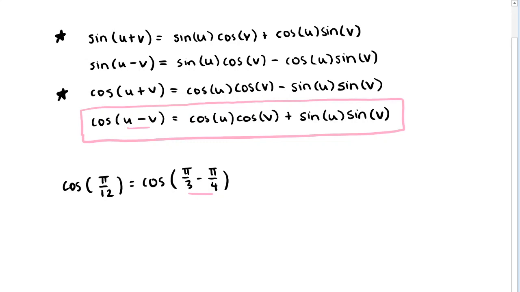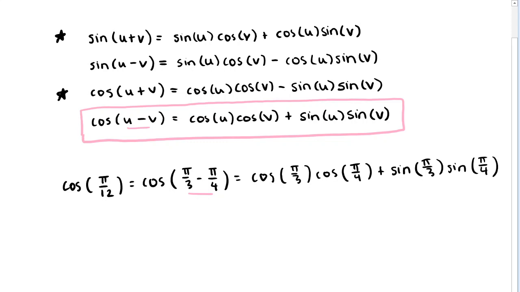And so this tells us that to evaluate cosine of a difference, first we want to take cosine of our first angle, what we're calling u, so cosine of pi over 3, multiply that with cosine of pi over 4, the second angle, add that with sine of the first angle, sine of pi over 3, times sine of pi over 4. And so that's how we evaluate cosine of this angle difference here.